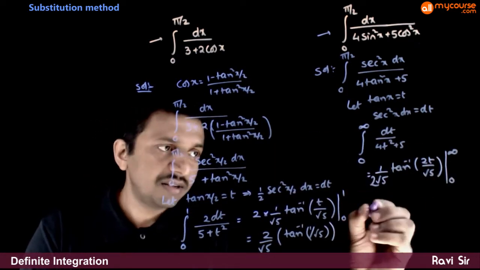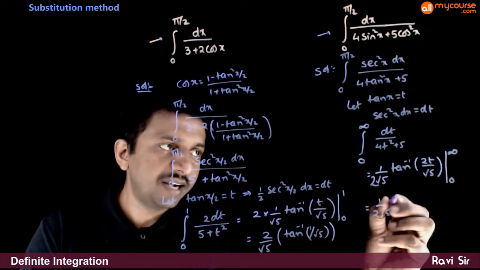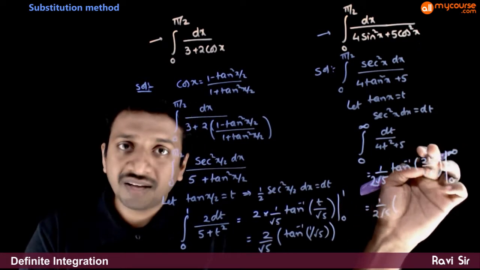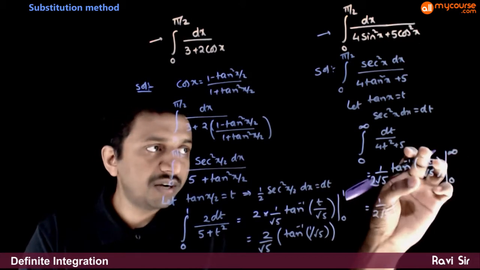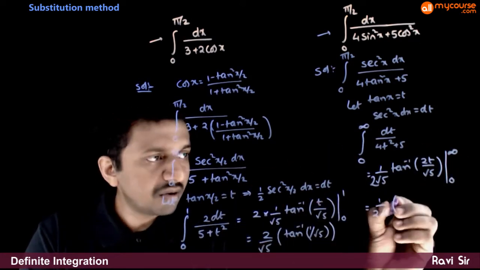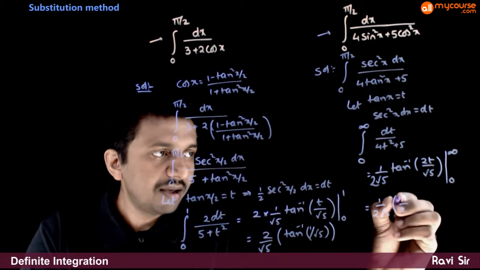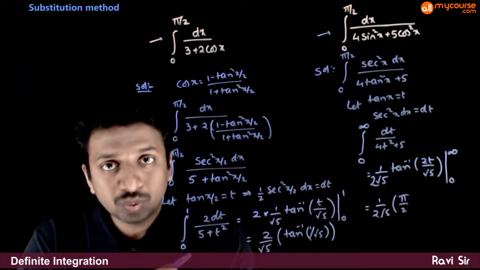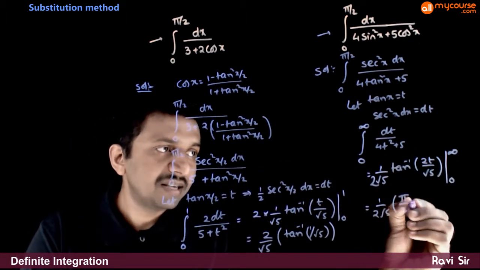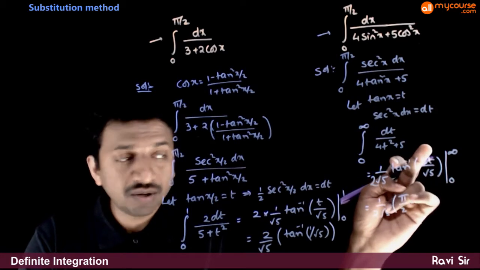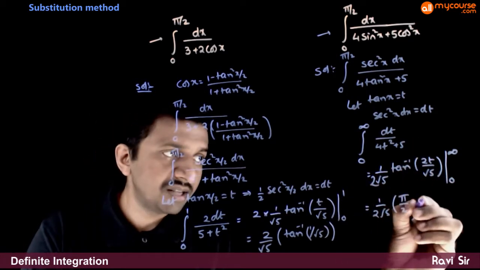Once you put the limits, 1 by 2 root 5 times tan inverse of infinity, minus tan inverse of 0. Obviously tan inverse of infinity is pi by 2, and tan inverse of 0 is 0.